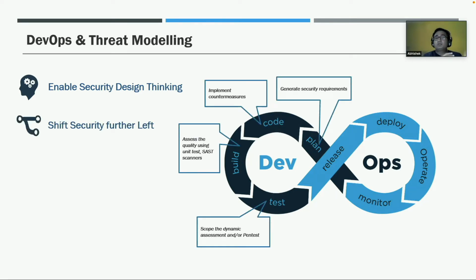It also helped to shift security further left into the planning phase, as we all know about it, and it enabled developers or DevOps teams to identify the potential threats, not just related to the technology they are using.